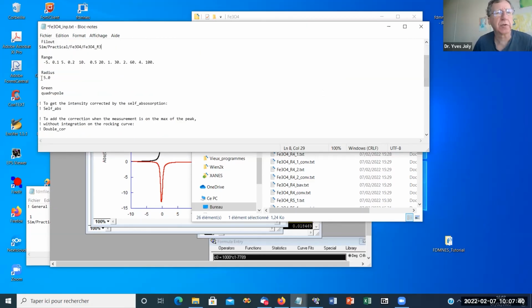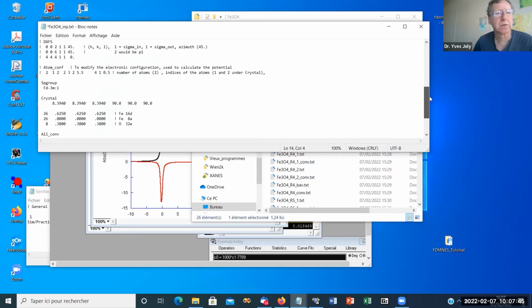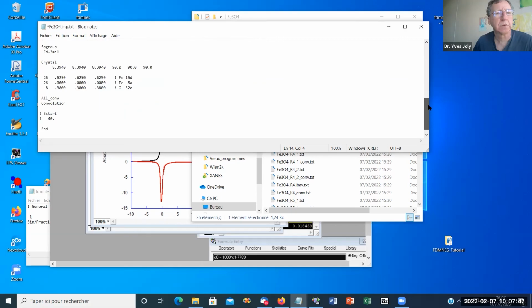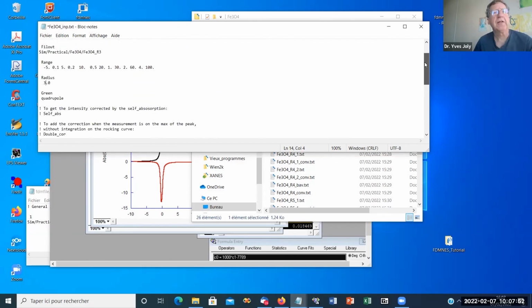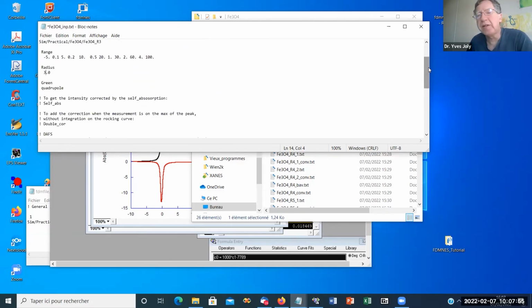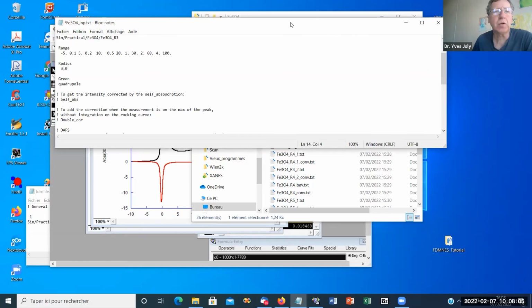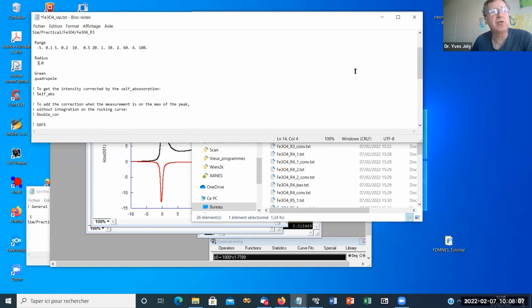So I have 3 angstrom for the radius. Now suppose you want to calculate the edge of a doping element. I mentioned that, for example, it's possible to have cobalt atoms which come in substitution with iron atoms. And the question is to know, does it come to the octahedral site or the tetrahedral site? So it's possible to test this.